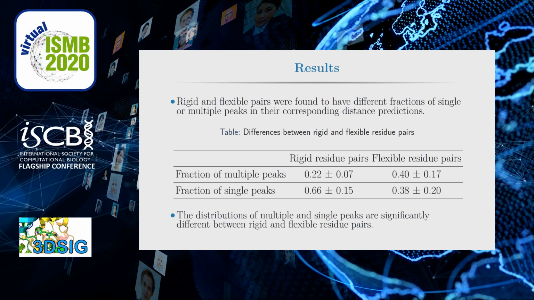And we also found that rigid residue pairs have a higher fraction than flexible residue pairs of these single peaks. And we also protein-averaged this and calculated distributions, and we found that these distributions between rigid and flexible sets of residues are statistically significant.